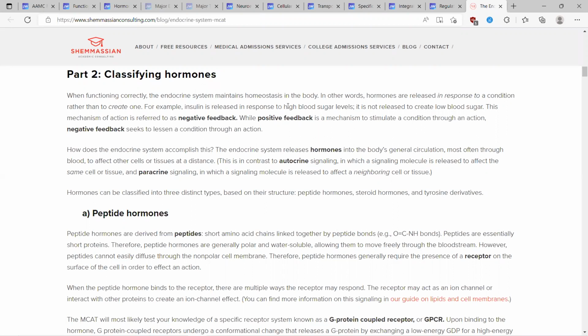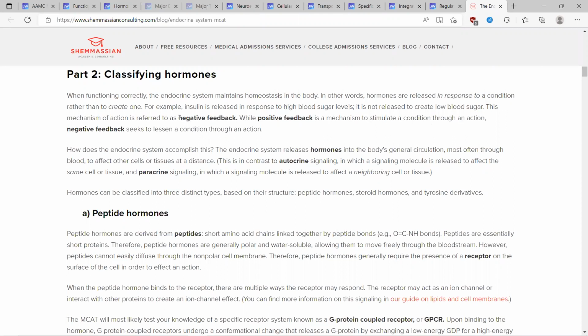When you have high blood sugar in a correctly functioning endocrine system, insulin will be released as a response to the high blood sugar. So notice the difference: it is in response. It is not proactively released to create low blood sugar conditions. It is reactively released in response to high blood sugar.